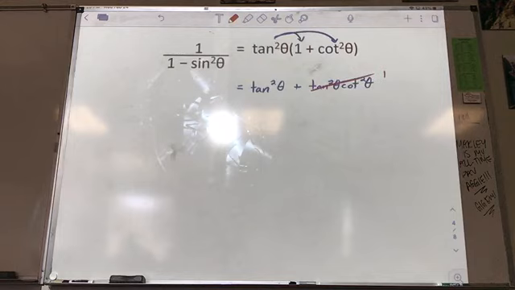If you can't remember that those are reciprocals, you'd end up changing to sines and cosines and seeing that stuff cancels anyway, because there'd be a sine over a sine and a cosine over a cosine. So that is tangent squared theta plus a 1. There's nothing else really to do.